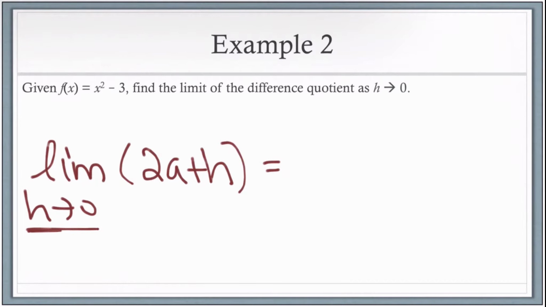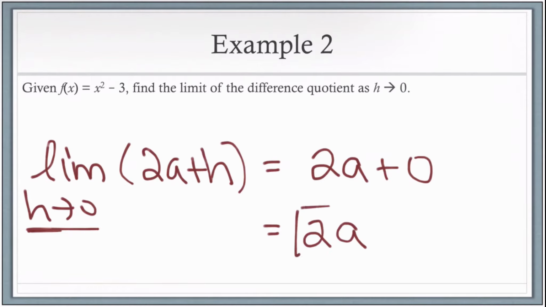So we have, if we use our substitution rule, 2a plus 0, which is 2a. So the limit of my difference quotient, where the function is x squared minus 3, is equal to 2a.